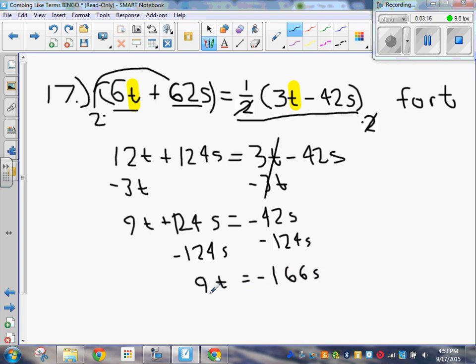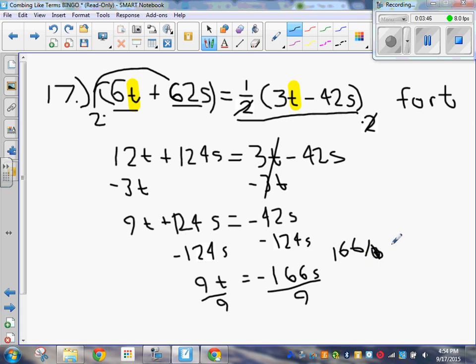The last step is to divide by 9. When I do that, I get negative 166s divided by 9. That can actually be reduced, or at least I think so if I divide each side by 3, but if I try that in a calculator, 166 divided by 3 gives me 55.3 repeated, so that's not going to work.